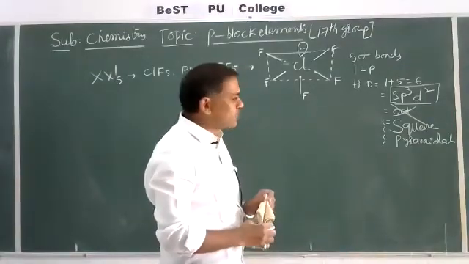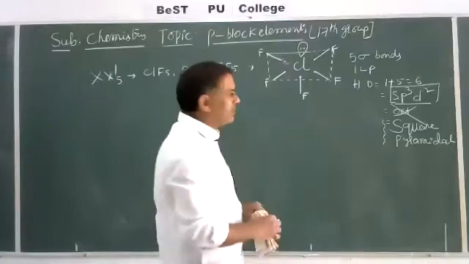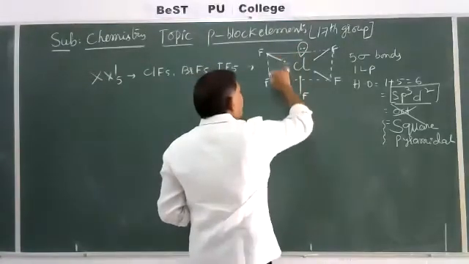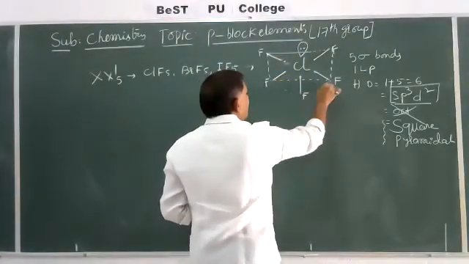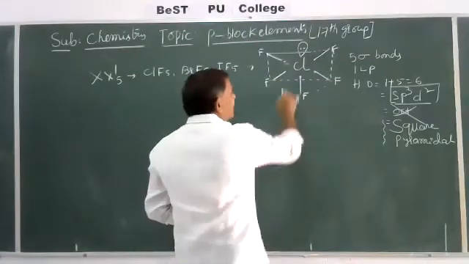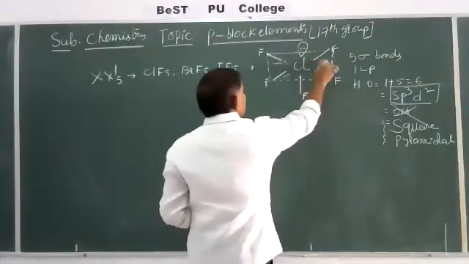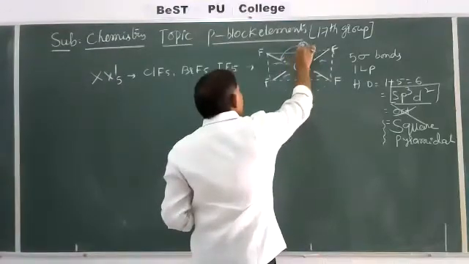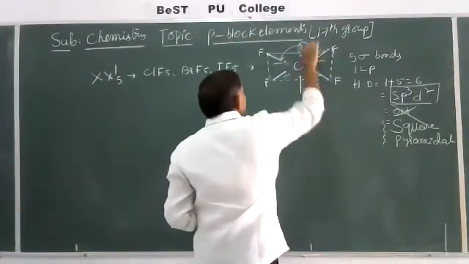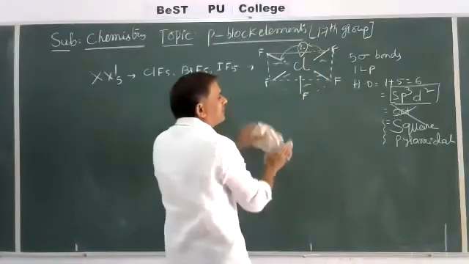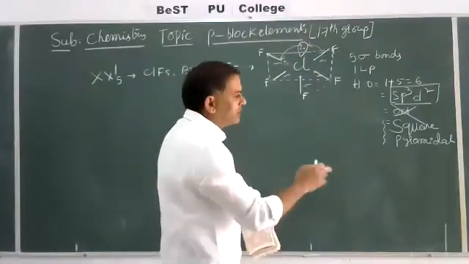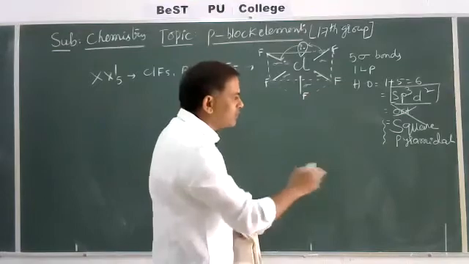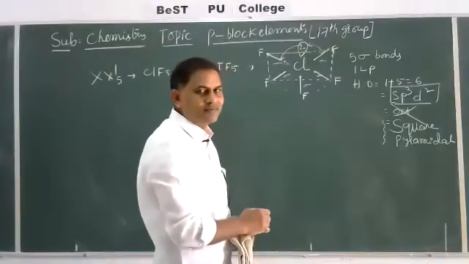Its geometry is square pyramidal, like square pyramids are present like this. 5 sigma bonds are there. So due to lone pair and bond pair repulsions, the bond angle and geometry are also distorted, changing from octahedral to a square pyramidal structure.